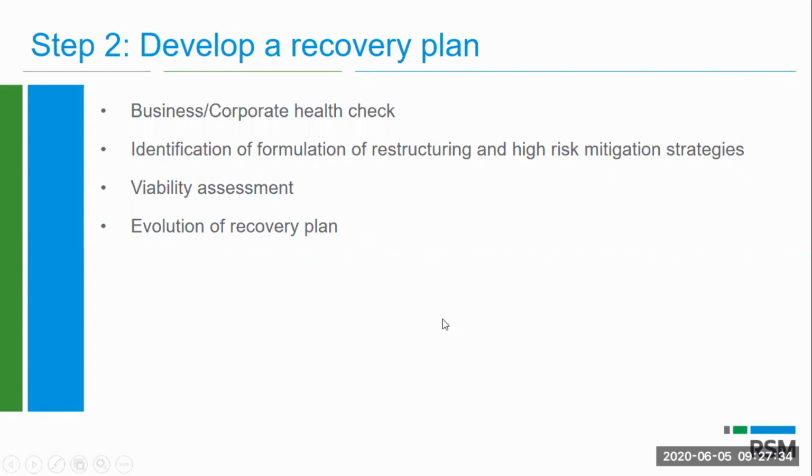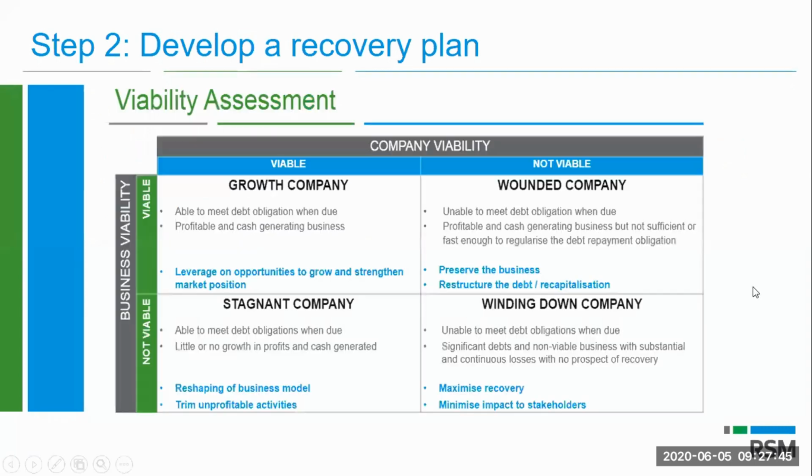And then going into the evolution of that recovery plan. It needs to be agile, it needs to be working, and it needs to be constantly changed depending on the needs of the business. So what do you look at in a viability assessment? We broke it down into 4 stages.